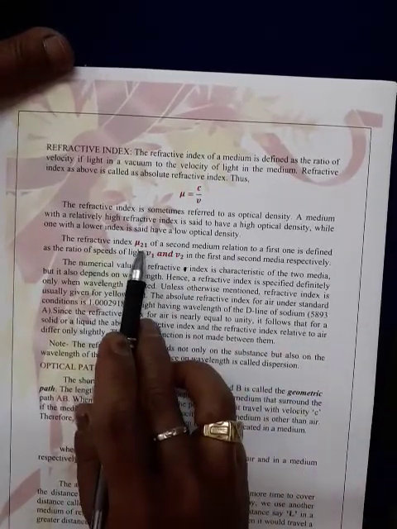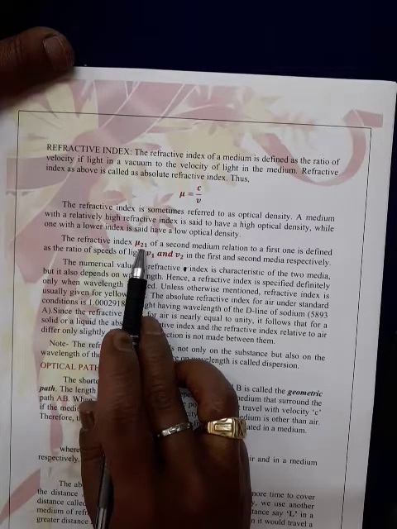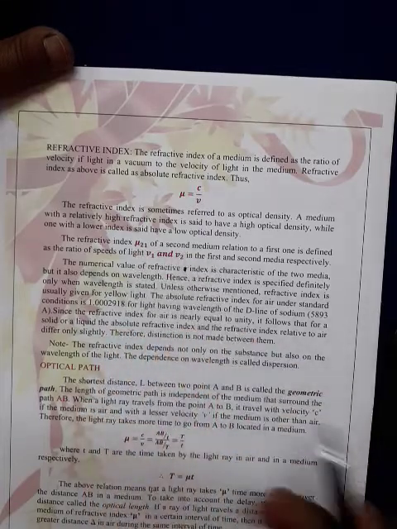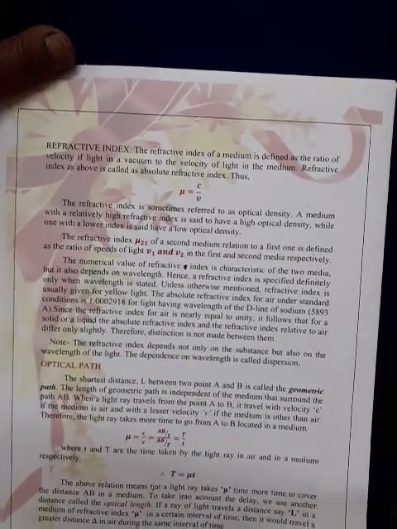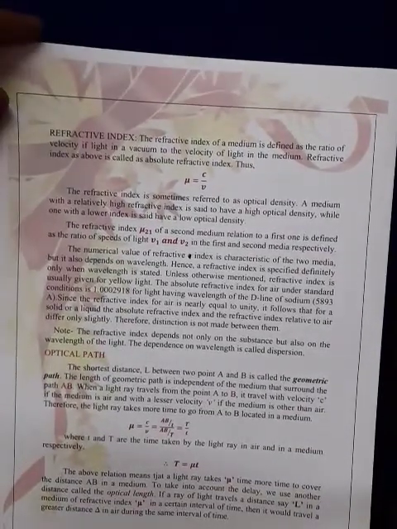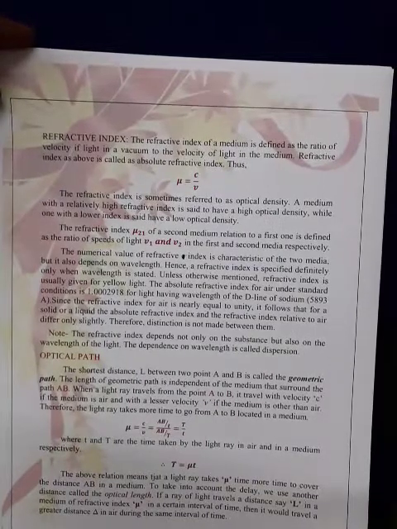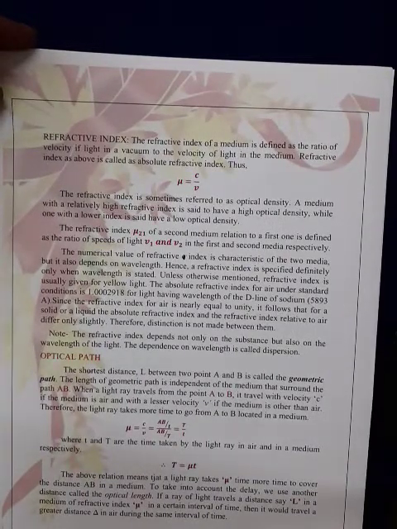Here 1 and 2 refer to the first and second medium through which the light passes. The numerical value of the refractive index is a characteristic of the two media, but it also depends on wavelength, and the refractive index is specified definitely only when the wavelength is stated.